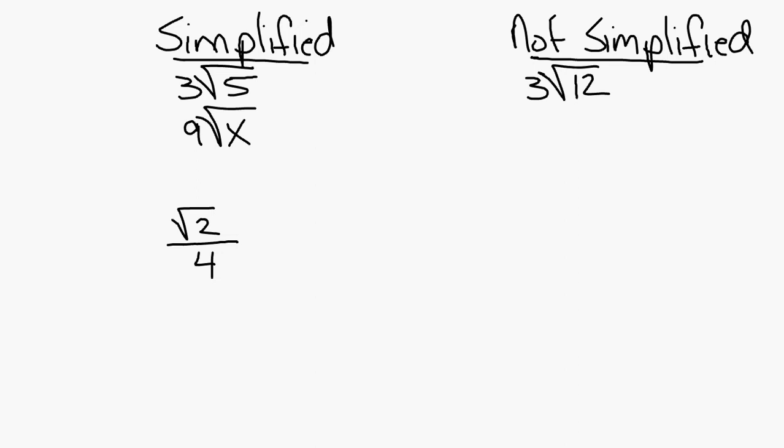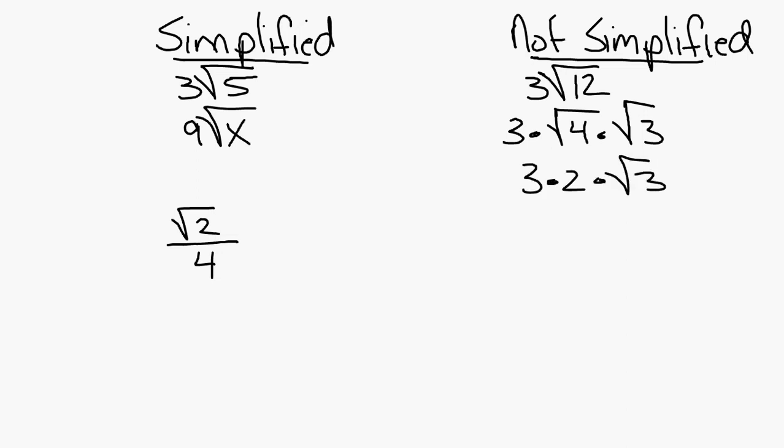Okay, that's why it's not in simplest form. Because you can rewrite the square root of 12. You can rewrite this expression as 3 times the square root of 4 times the square root of 3. It has a perfect square factor under the radical. And then this would simplify to 3 times 2 times the square root of 3, which is 6 radical 3. And now it is in simplest form.